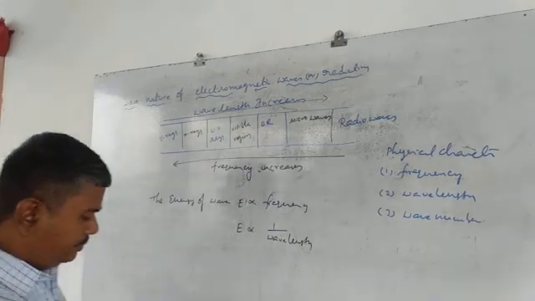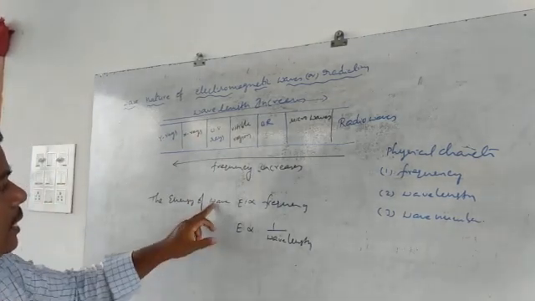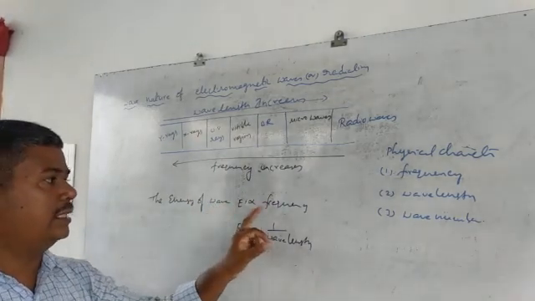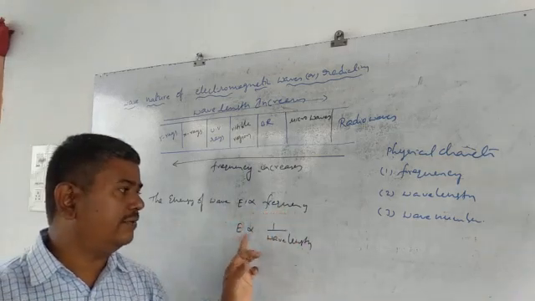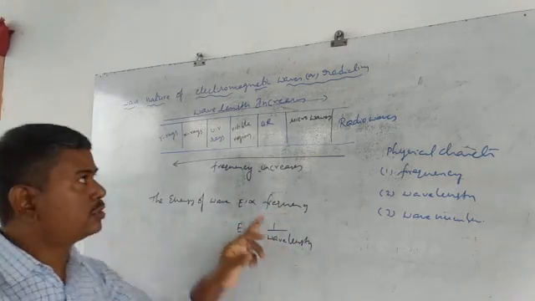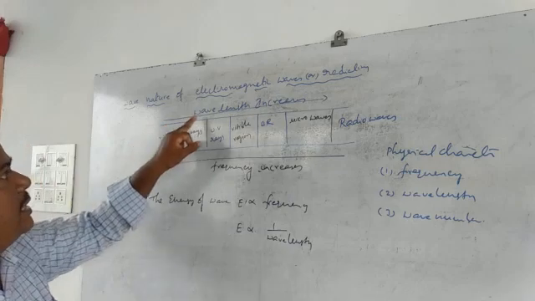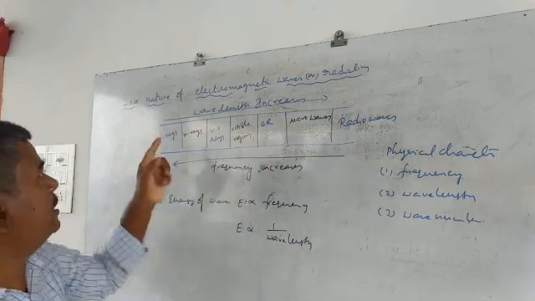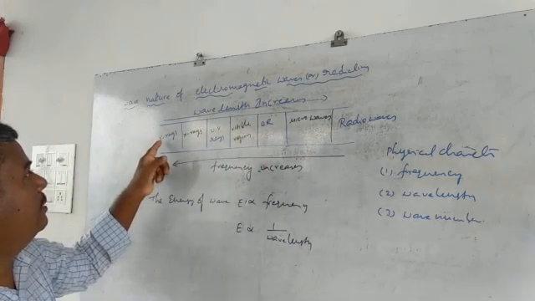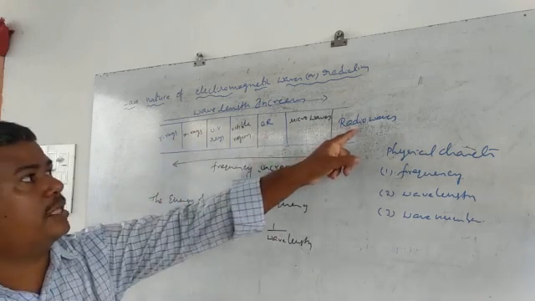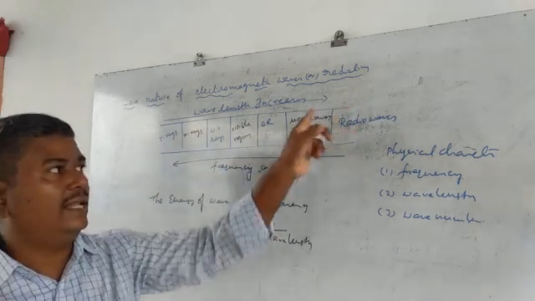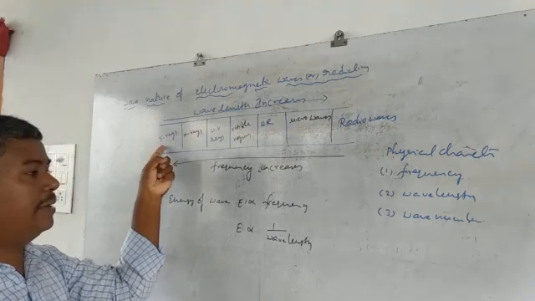But here we simply know that the energy of the wave is directly proportional to frequency and inversely proportional to its wavelength. So observe here, the wavelength increases from left to right. That means radio waves have more wavelength compared with gamma, so they have less energy than which one? Gamma rays.